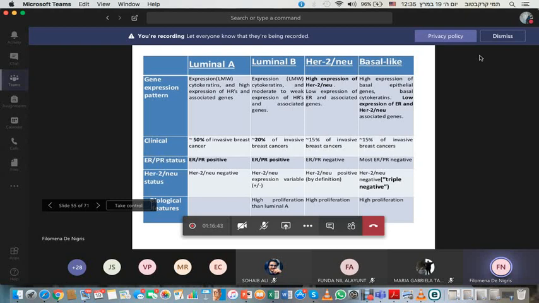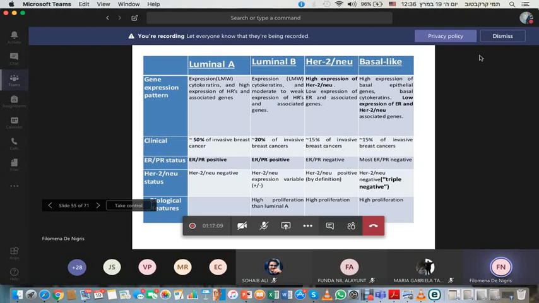In luminal B, these patients are associated with low positivity to ER and PR receptor. Sometimes they are positive to neu, so we can offer this kind of therapy. Then we have patients that express high levels of HER2 receptor.